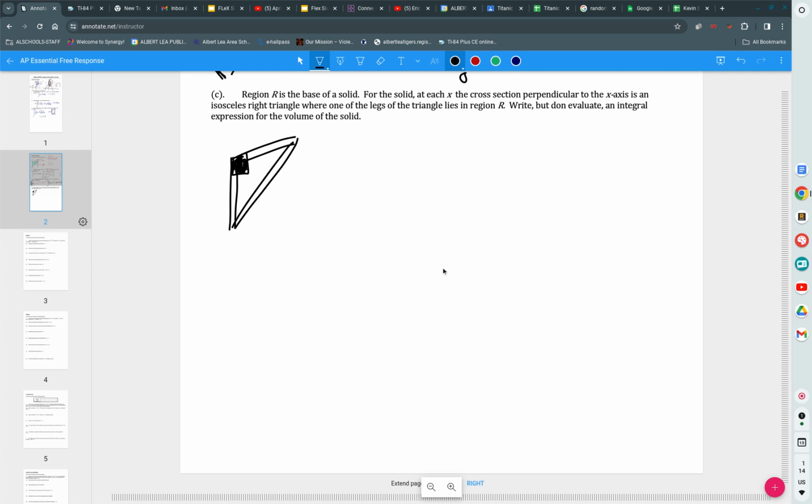So it says that for the solid at each x value within here, the cross section is perpendicular to the x-axis. So if we draw this against the x-axis like that, it comes off at us like an isosceles triangle.